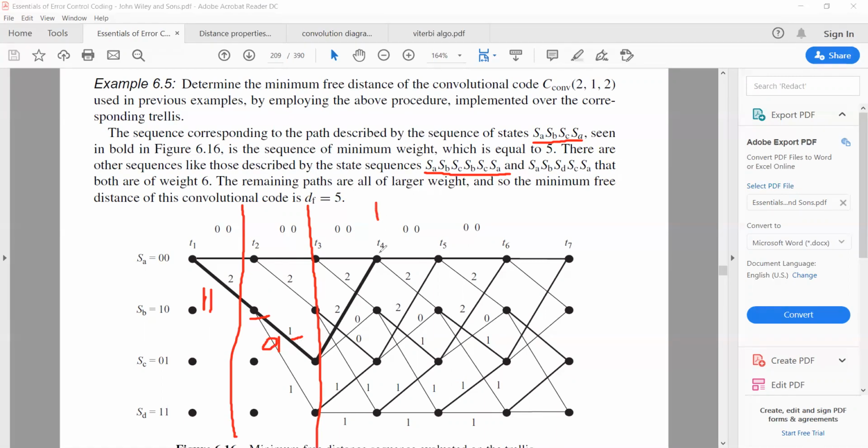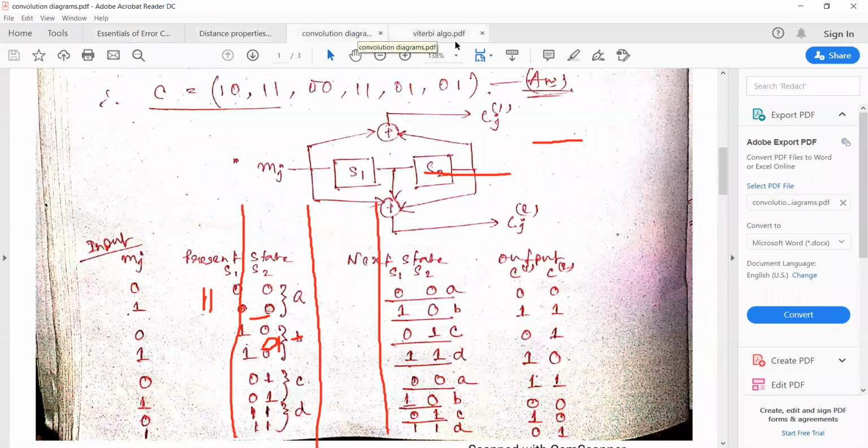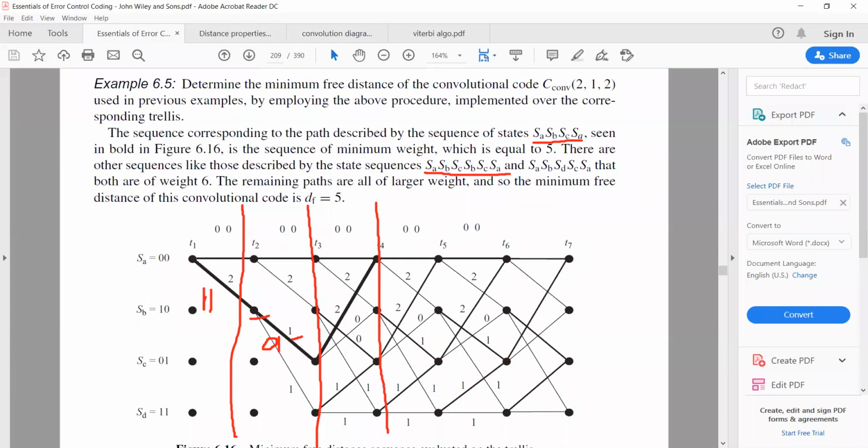Again, when I'm considering this segment from SC to SA, the output is 11, and the Hamming distance between 00 and 11 is 2, right?